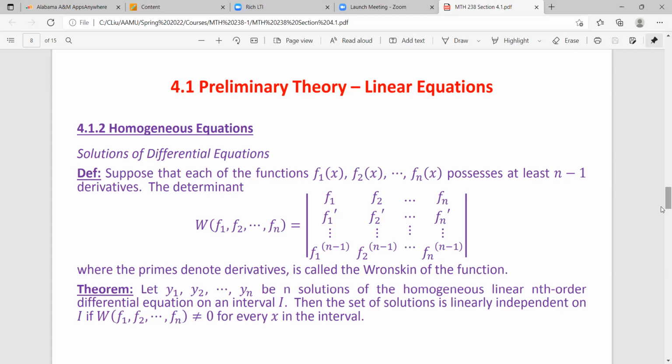Okay, so we use W to denote this determinant. It's called the Wronskian of the functions.